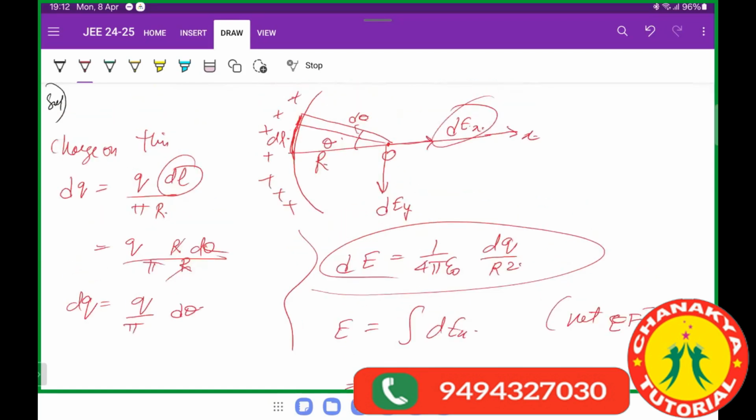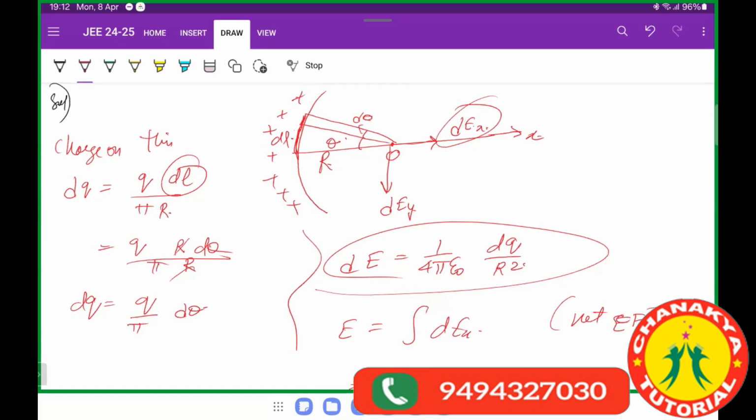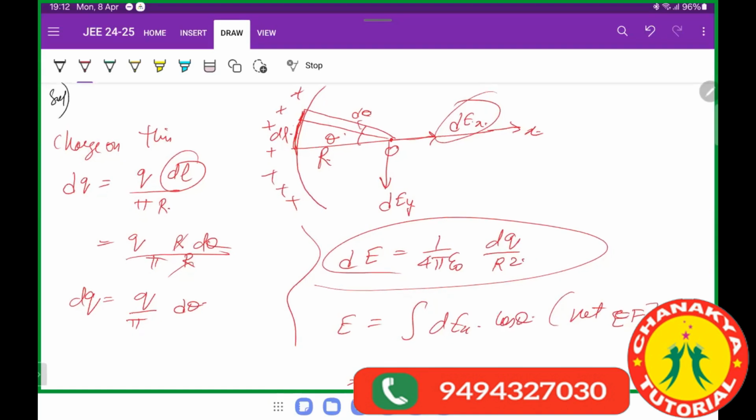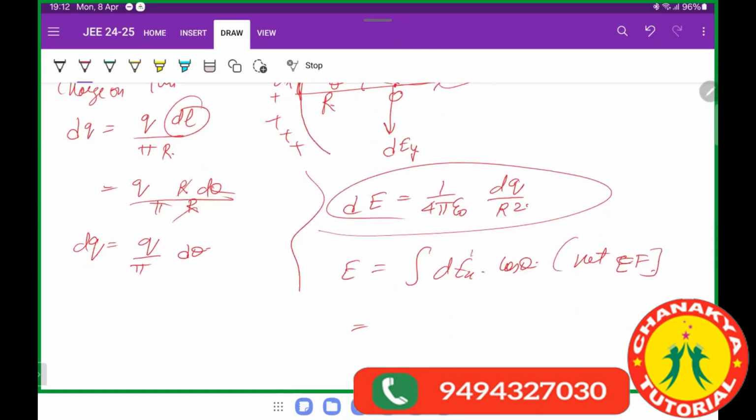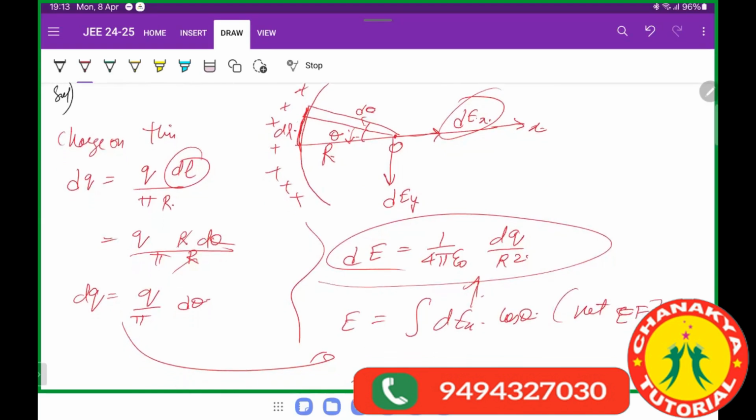But dE is also at an angle, so that will come here, dE cos theta. Let's substitute this thing here and this one also here, everything. Only the cos component, right? It is falling on the x-axis, so it is the cos component.